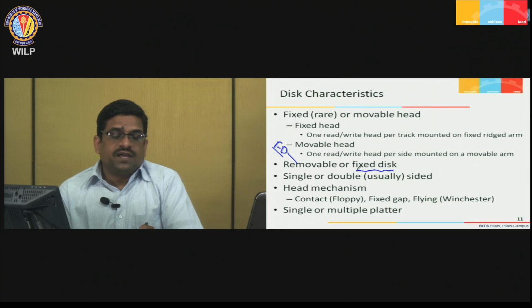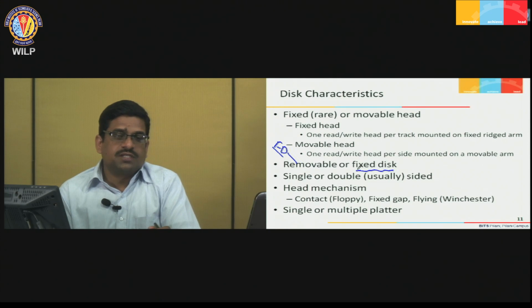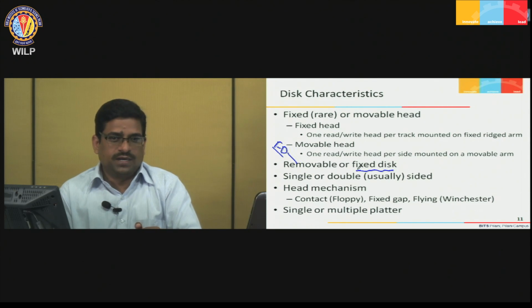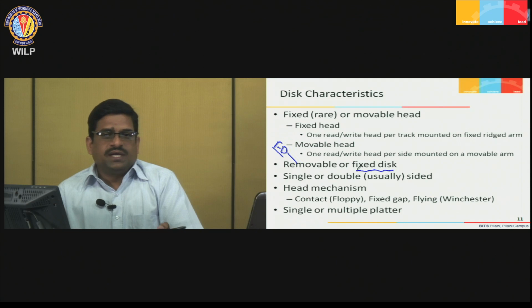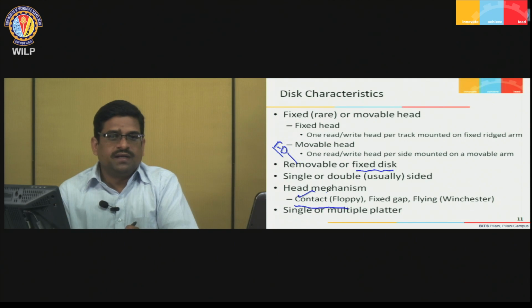The recording surface can be single-sided or double-sided recording. Floppy disks also used to come both ways. With both sides recorded, heads for both sides are required and your capacity is almost double compared to the single side. Now, the head mechanism can be in contact with the recording surface, as I explained earlier.